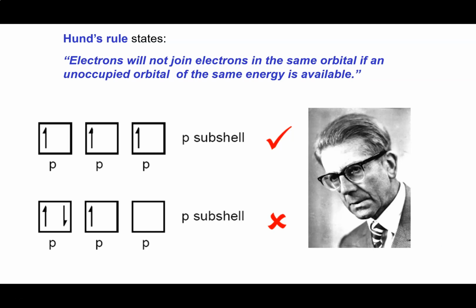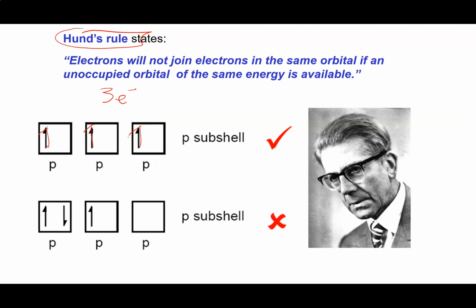So this is kind of important because it turns out, this guy called Hund figured this out, that electrons don't join other electrons in the same orbital if there's an unoccupied orbital of the same energy available. So if we're putting 3 electrons into a p subshell, there are 3 orbitals that make up a p subshell, so we put 1 in each of them.